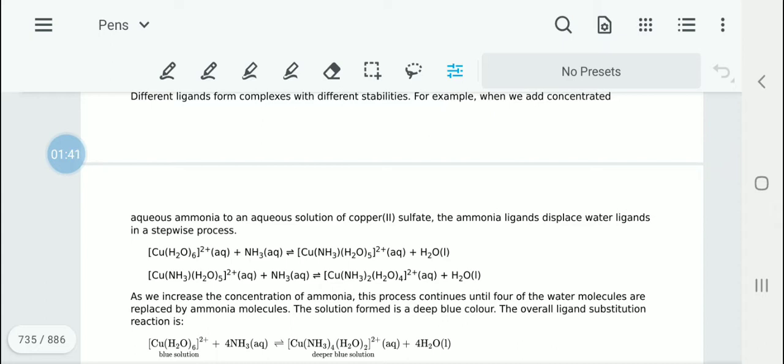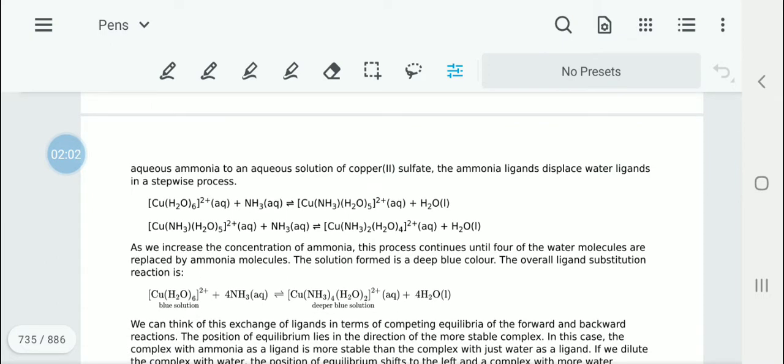As you can see here in the first equation, one ammonia is getting added, then in the second one another one. So that means there would be two ammonia ligands attached, displacing water. When we keep on increasing the concentration of ammonia, it will proceed until 4 of the water molecules are replaced by ammonia molecules.